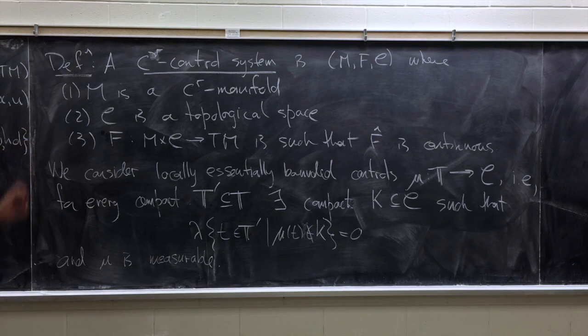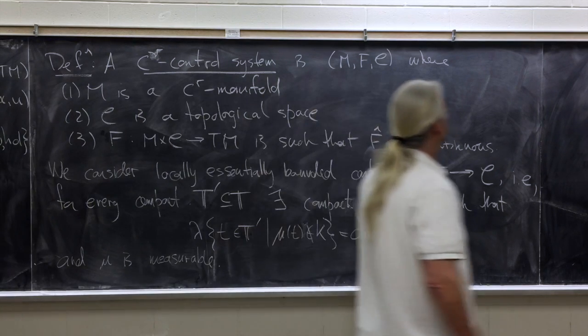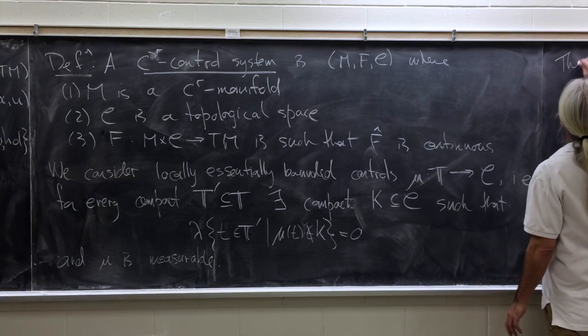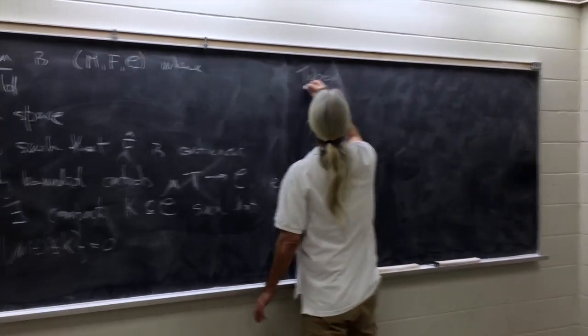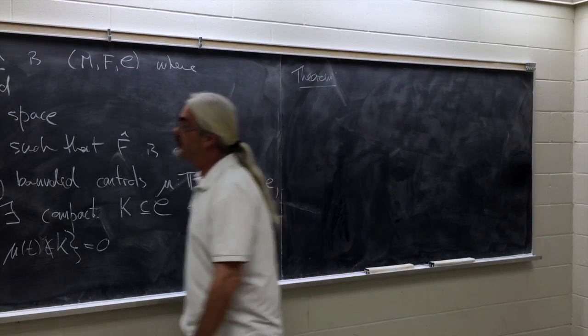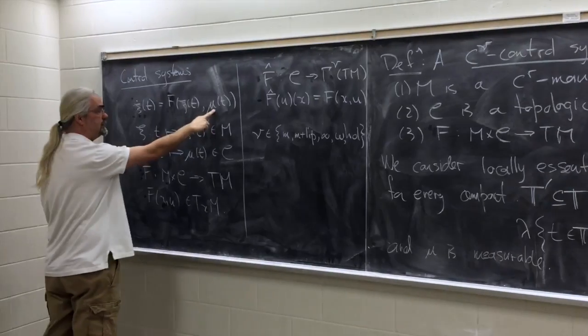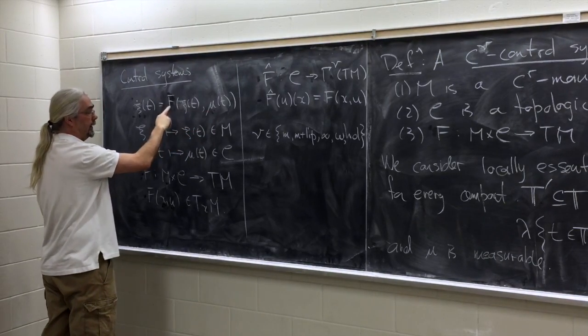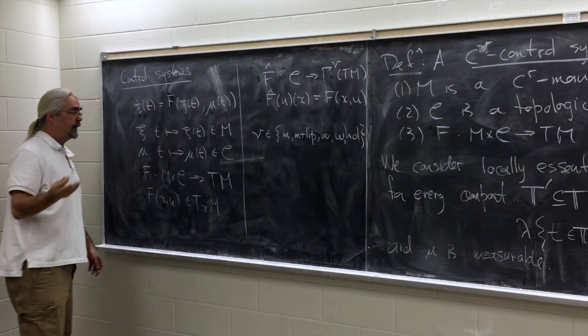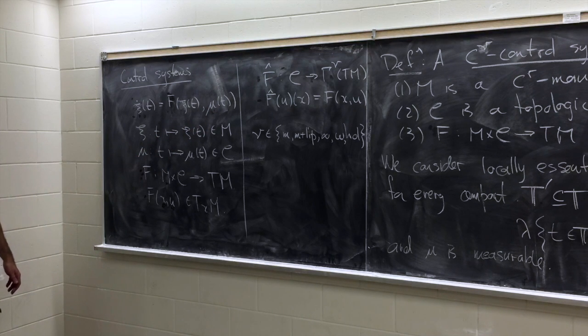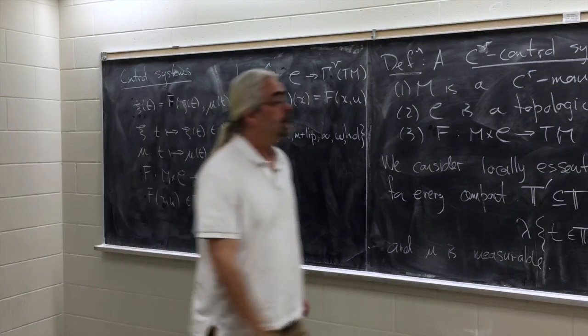That's the class of controls that we're going to consider. And for this class of controls, if you plug a control like this into F, what you get is a time-varying vector field, of the kind that we introduced last time.